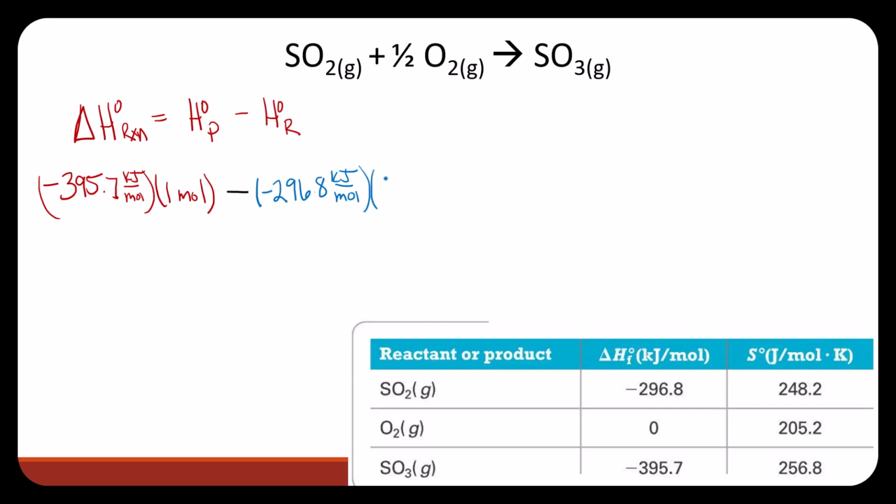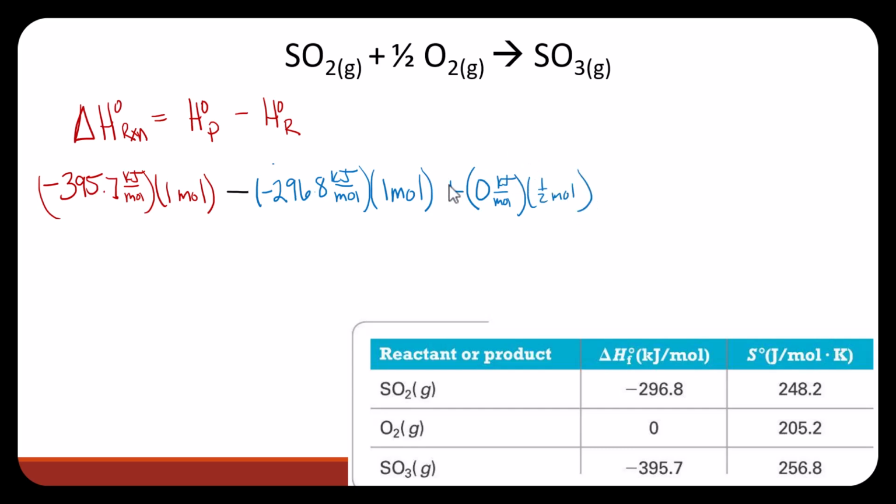And then we need to take into account that we're using 1 mole. And then we're going to add that to our other reactant, which is oxygen. But the enthalpy change for that is 0 because it's an elemental form. So just for completeness' sake, 0 kilojoules per mole, and we're using a half a mole.